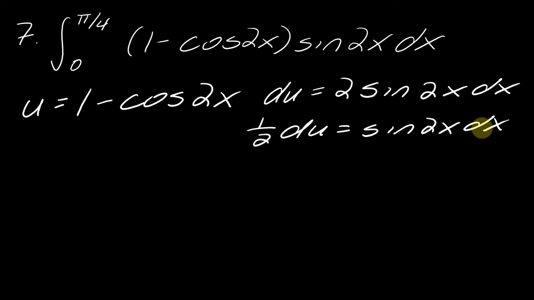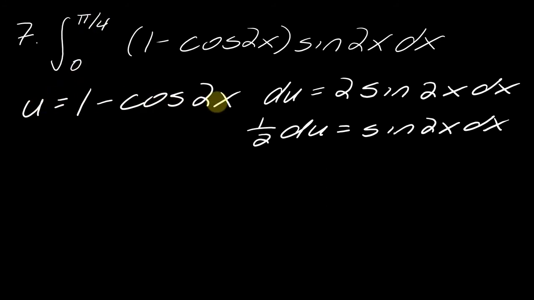But since this is a definite integral, the fact that we have these limits of integration changes things a little bit. There's more than one way that you can approach these. What I like to do is also flip my limits of integration.